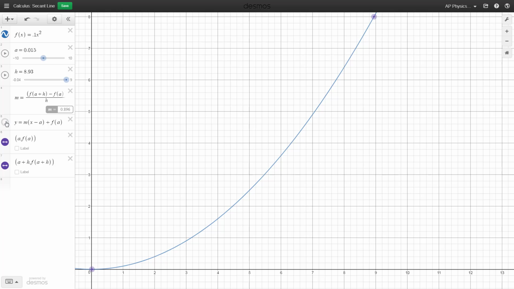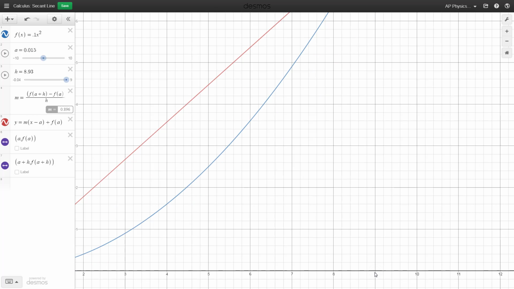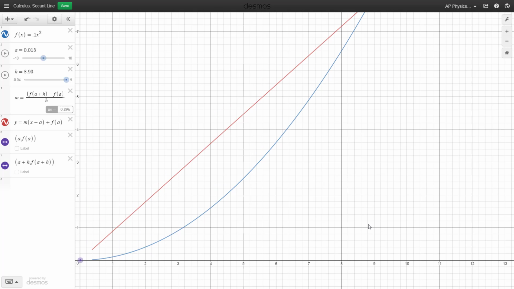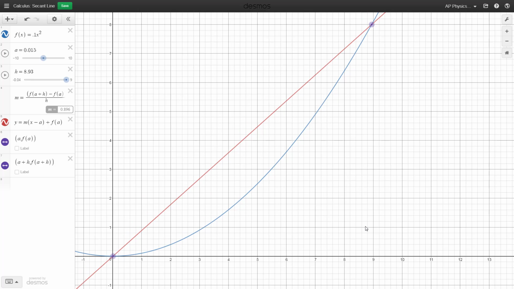And if I turn on the secant line, that red line there represents the average velocity between 2 positions in space, so between 0 meters and 8 meters in space, and between 0 seconds and about 9 seconds in time. So what I'm interested in is not just the average velocity between those 2 points, but the instantaneous velocity right here at 5 seconds.